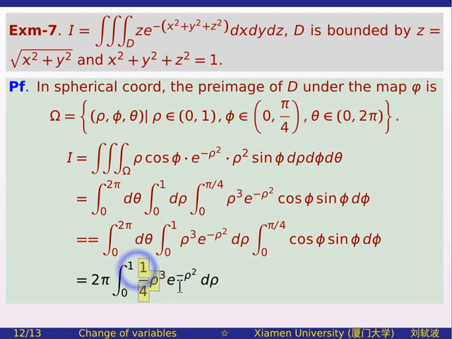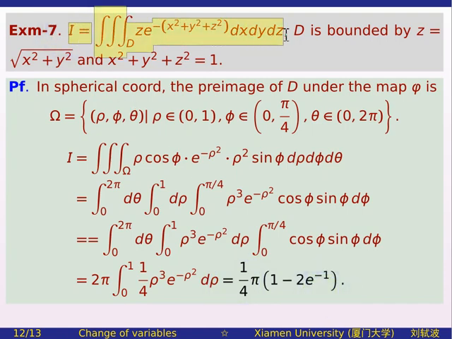So this integral becomes 1 over 8, because I need to take 2 to make d rho squared, times the integral of t exponential minus t dt. So this can be computed, and the result is this number. This is the final result for the computation of this integral.